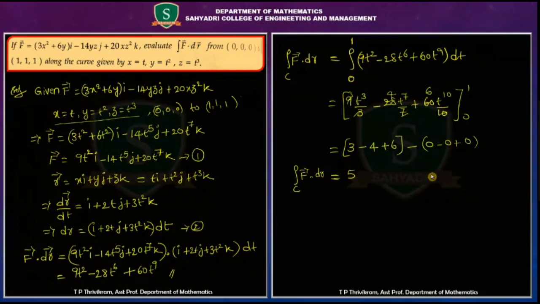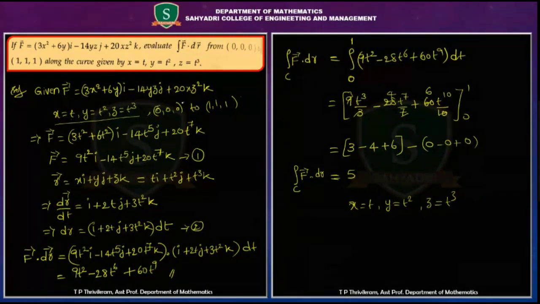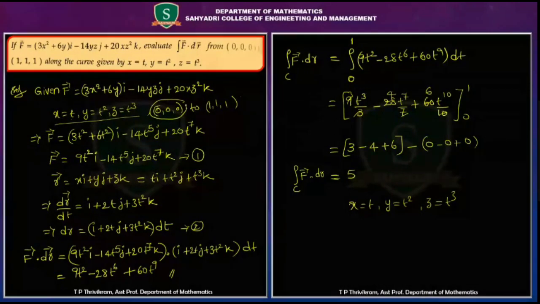Limits: he has given x equal to t, y equal to t square, z equal to t cube. In the first point, what they have given is 0, 0, 0. That means these are x values. So take x equal to 0, y equal to 0, z equal to 0.